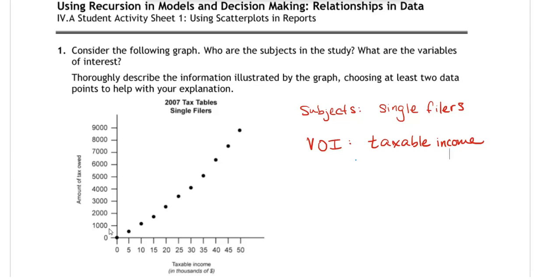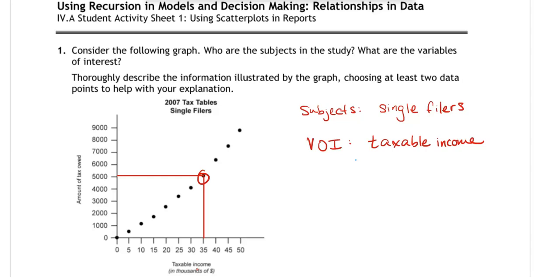So we could say this one right here would be somebody making approximately, let's draw a straight line, $35,000 would have an amount of tax owed of approximately $5,000. That would be something we could use as a data point to help with the explanation.